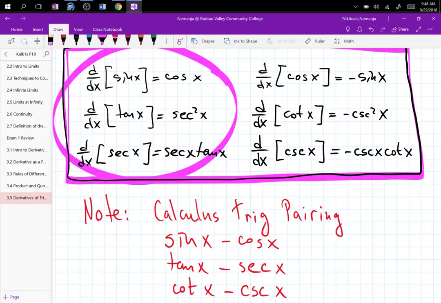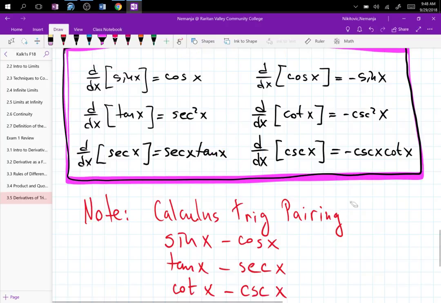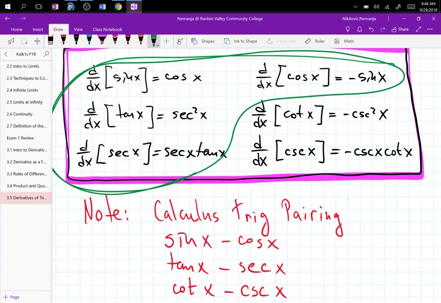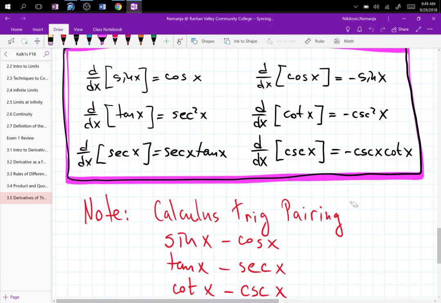So 90% of the time you will be using these guys here. So generally, you know, cotangent and cosecant are kind of left out. They do show up, I mean, it's not that they're never there.